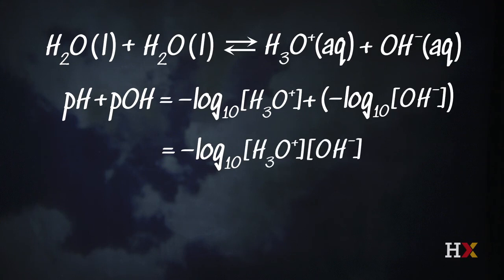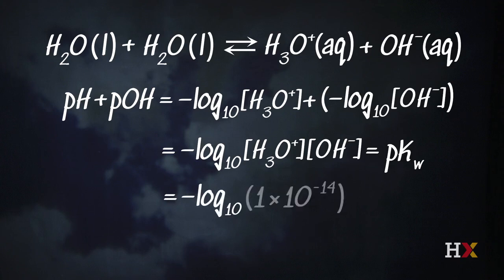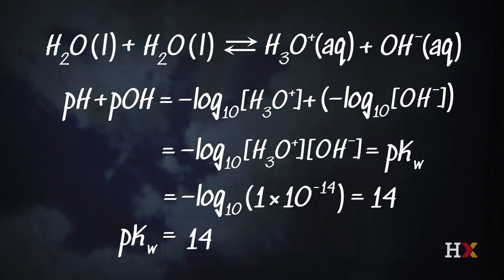But we also know that this is equal to pKw, and we know that pKw is equal to minus log to the base 10 of 1 times 10 to the minus 14, which is equal identically to 14. That's quite remarkable. That means that I can write pKw equal to 14.